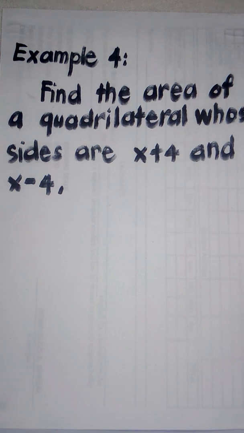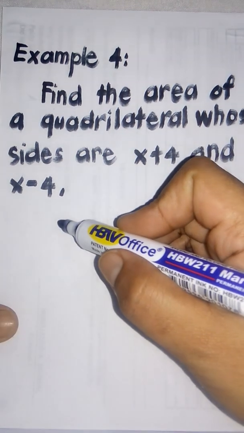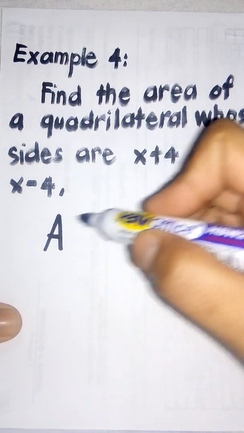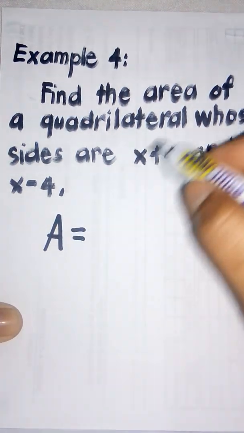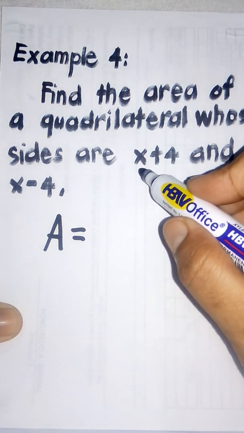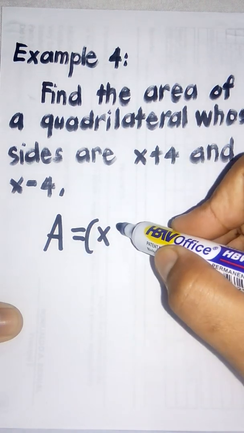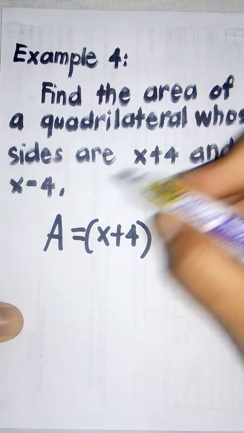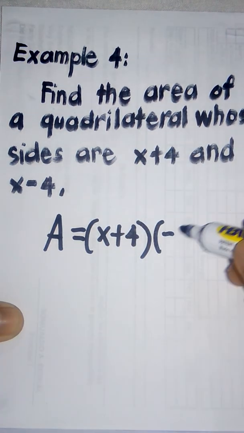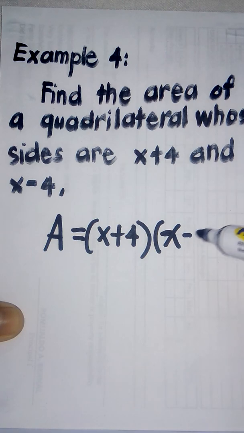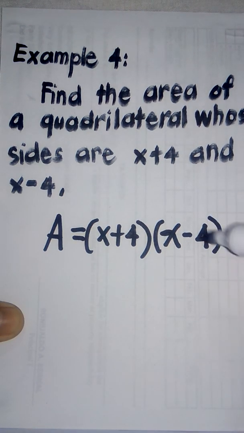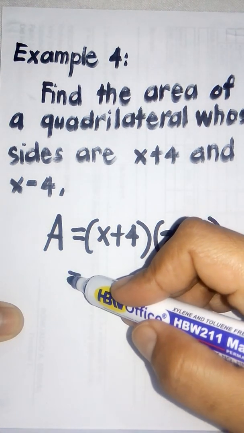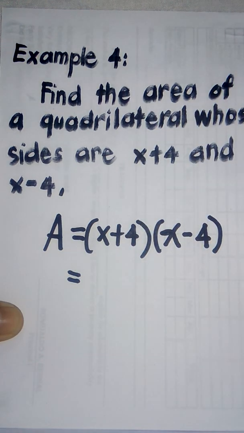So the area of this quadrilateral has the sides x plus 4 and x minus 4. To get the area, we will have to multiply x plus 4 and x minus 4.